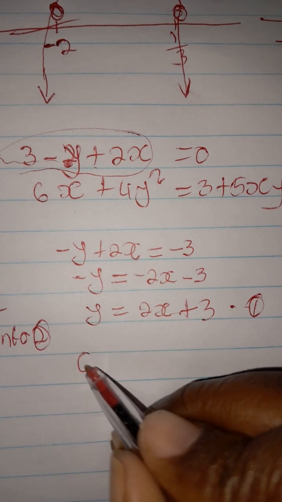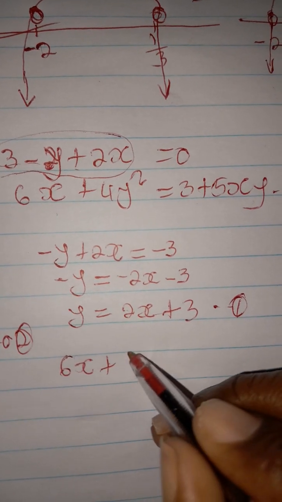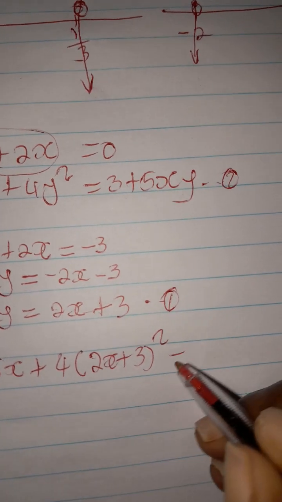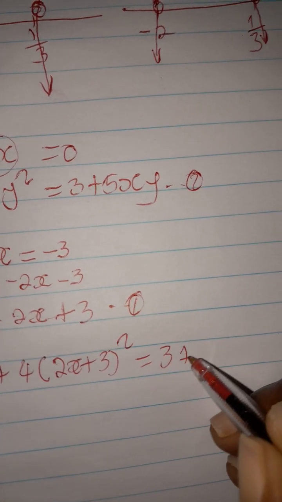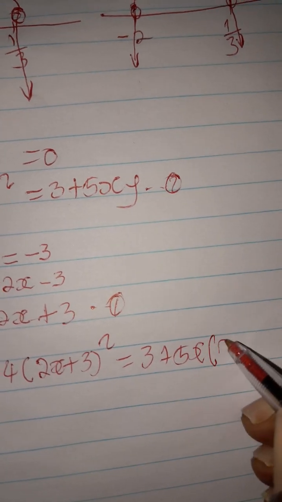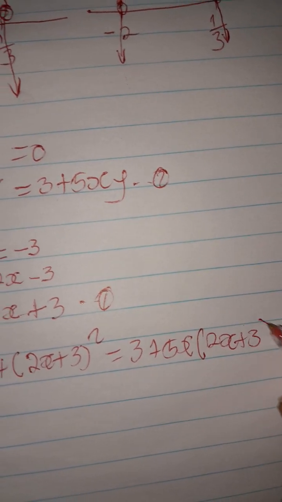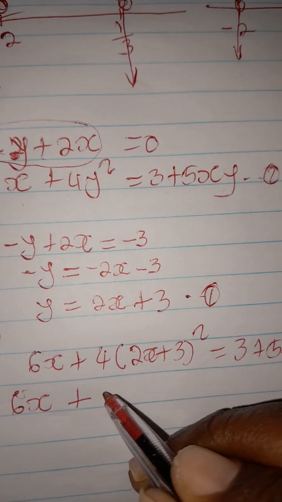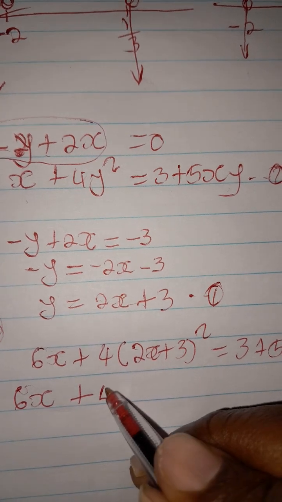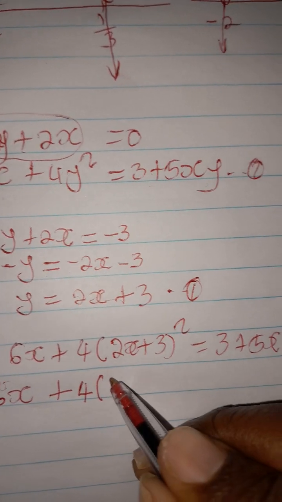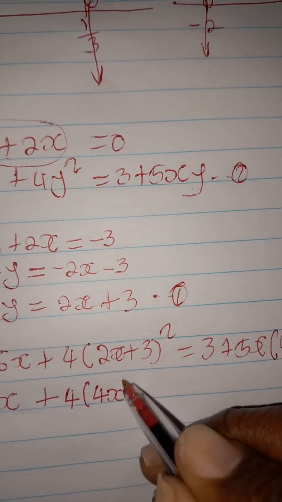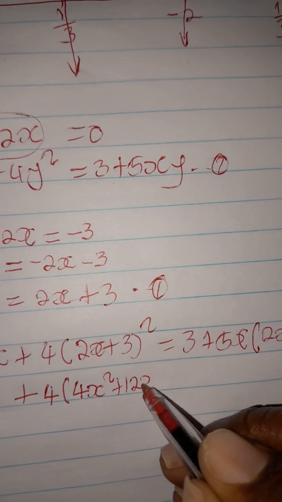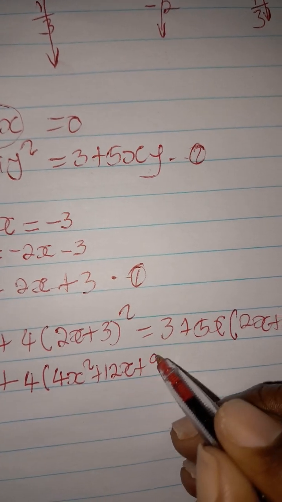Meaning we are going to have 6x, and where we see y, we replace it by (2x + 3) squared, which is equal to 3 plus 5x times (2x + 3). Remember, we have 4 here. So square the first, it becomes 4x squared. 2 times 3 is 6, times 2, that will be 12x. Then square the last, that will be 9.